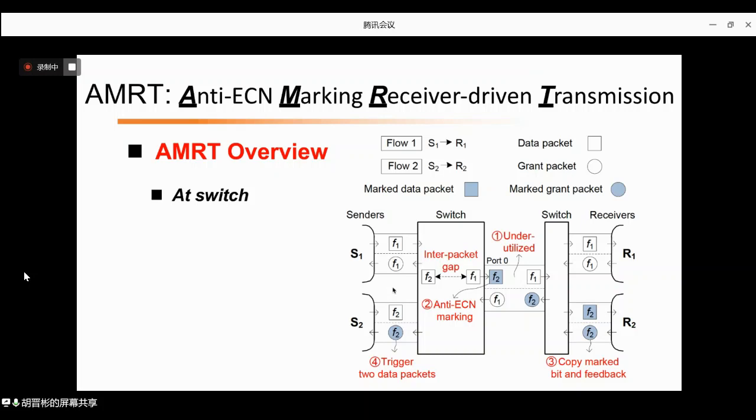Then, the receiver echoes back the underutilization information to the sender. Finally, once receiving the marked grant packet piggybacking underutilization information, the sender increases the sending rate by triggering two data packets to utilize the free bandwidth. Otherwise, it triggers only one data packet to keep ultra-low latency.